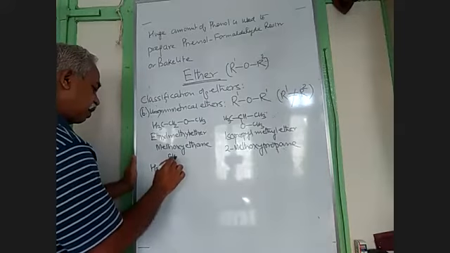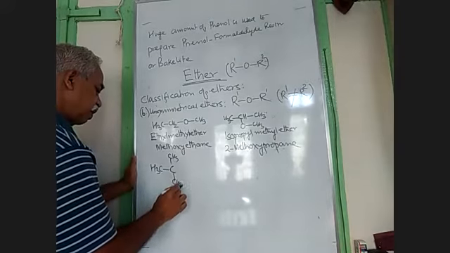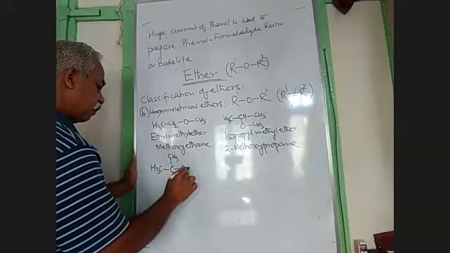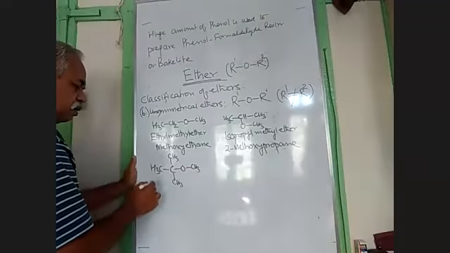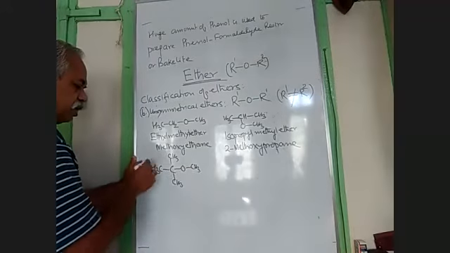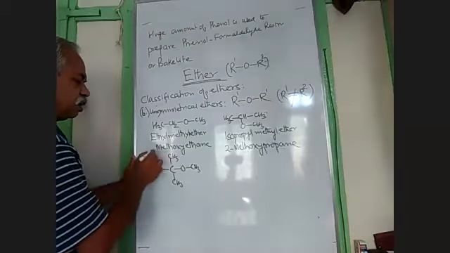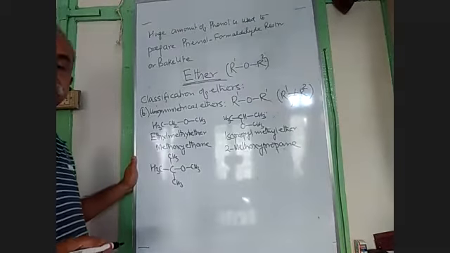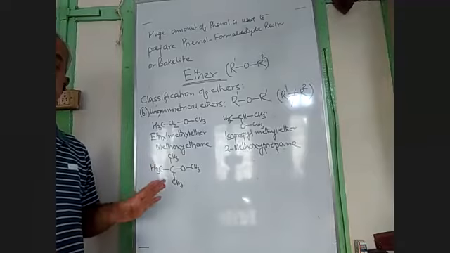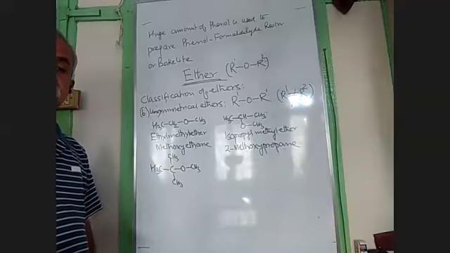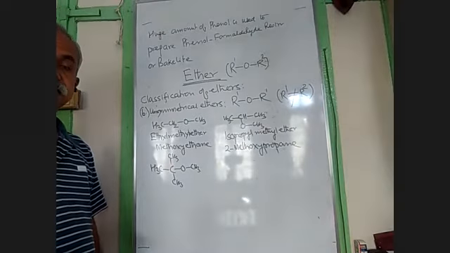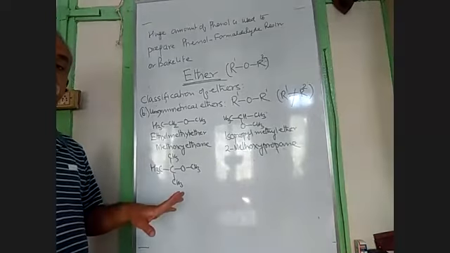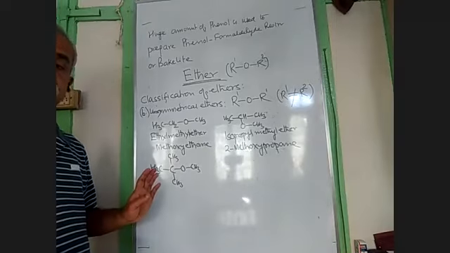Now this one we are going to discuss. CH3, CH3, O, CH3. Please see, this group we call tertiary butyl. The name will be in alphabetical order, B comes before M. Whenever you arrange alphabetical order, please do not consider iso and tertiary.